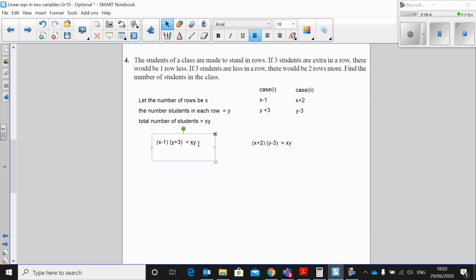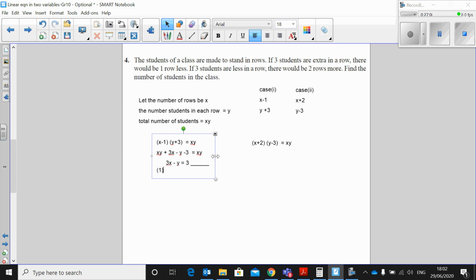Let us simplify this. x into y, xy plus 3x minus y minus 3, which is equal to xy. So xy and xy get cancelled: 3x minus y is equal to 3, equation number 1.